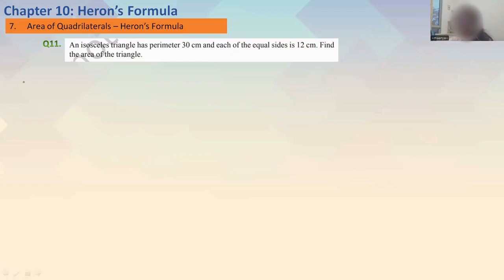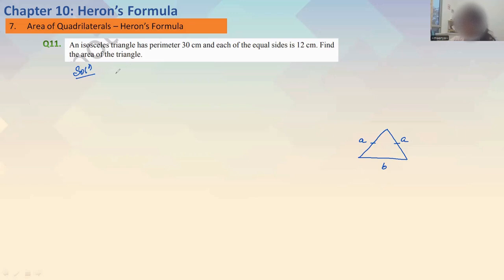So what is given here? Given is the perimeter and the sides. If you recall what I taught you in the first class, in an isosceles triangle, the equal sides are represented by A and the base is represented by B, right?